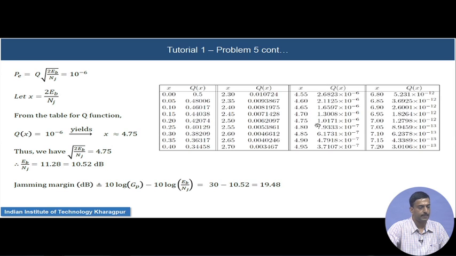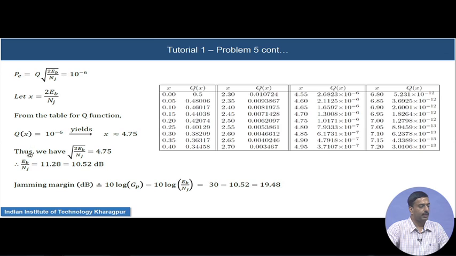So what we see is there is a close match at 4.75, which is equal to this factor. I think there is a small mistake over here. This x should be equal to root of twice EB by Nj.